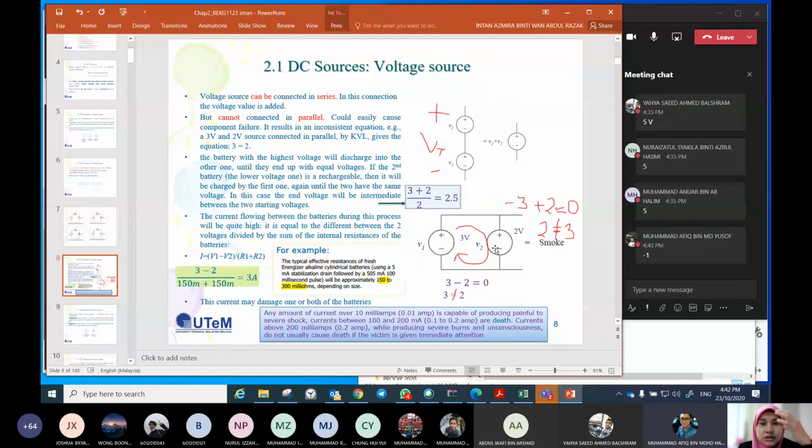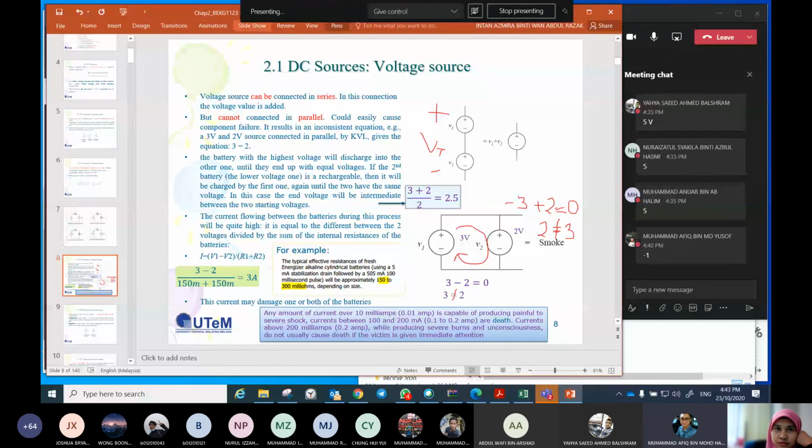Okay, because voltage sources cannot be connected in parallel. Parallel connection must have the same voltage.